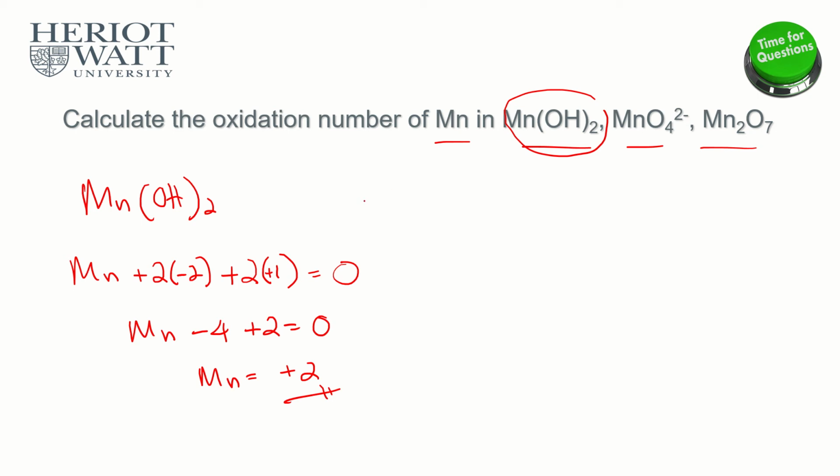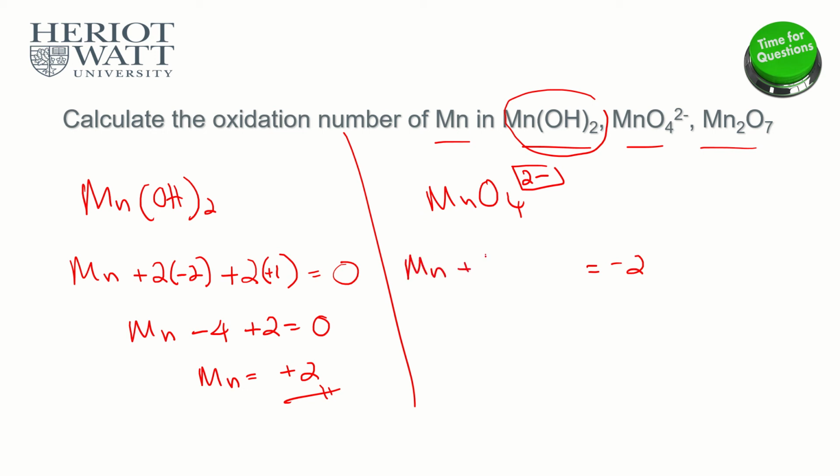All right, so that's one. And then we have this, MnO4 2-. See that? At the top right corner you're seeing a charge, right? So this is the overall charge, which equals -2. All add up: manganese plus how many oxygen here? 4. 4 multiplied by -2, because that's the common charge of oxygen, equals the overall charge of -2. And what do we get here?